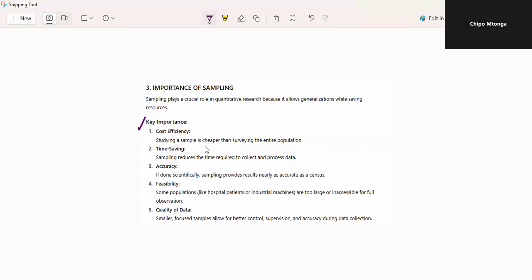Studying a small sample is cheaper than surveying the entire population. It's time saving because it reduces the time required to collect the data. It is accurate because if it's done scientifically, sampling will provide results that are nearly as accurate as the census. It is feasible. Some populations like hospital patients or industrial machines are too large or inaccessible.